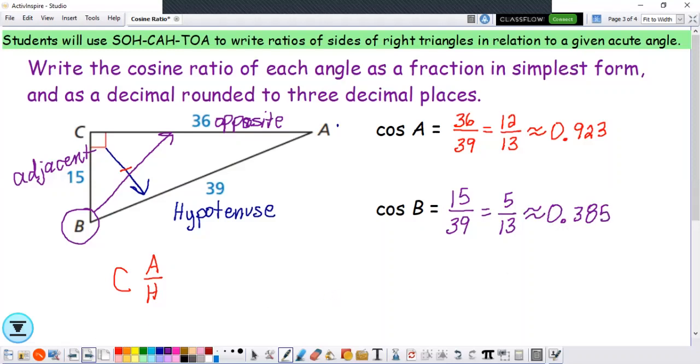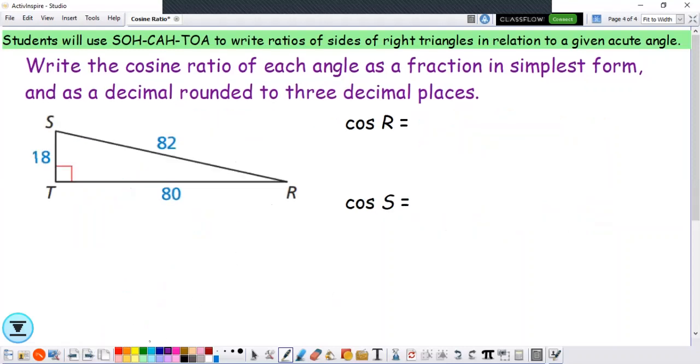Let's take a look at one more triangle. Let's start with angle R. Again, I'm going to identify the hypotenuse first, either as being the side across from the right angle, or the longest side of the right triangle. And then we have opposite of angle R, or across from angle R, is the opposite side.